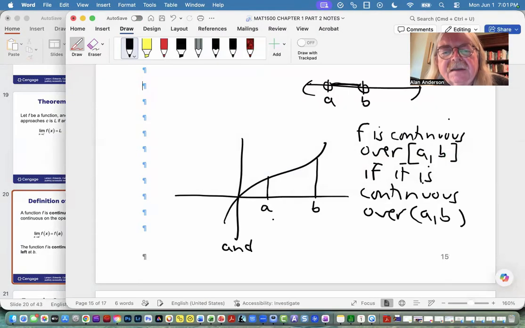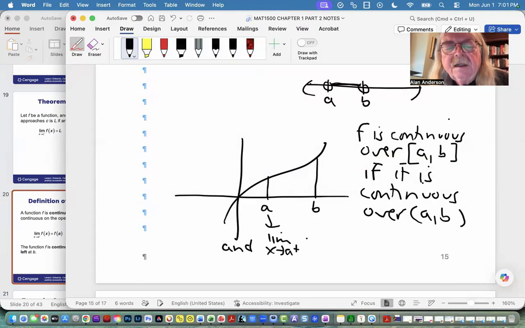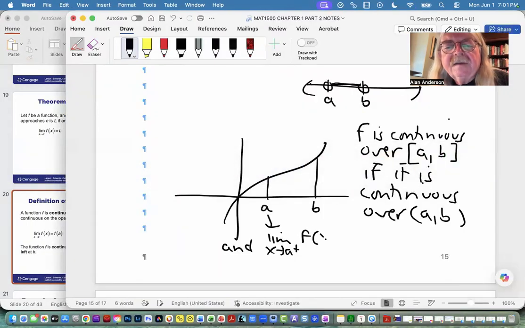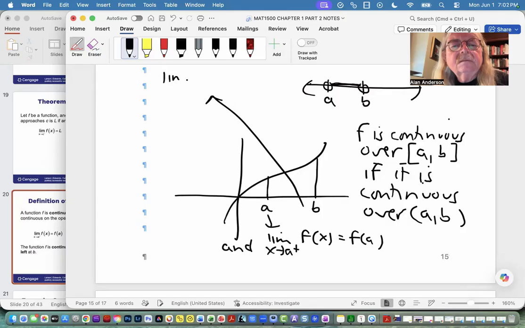The limit as we approach a from the right equals f of a, and the limit, oh God, there's no room here, I'll move it up here, as x approaches b from the left is f of b.